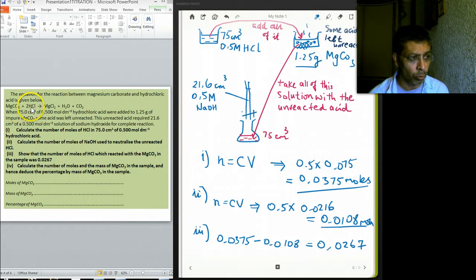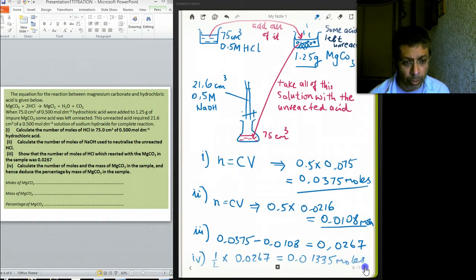It's 1 to 2, so the moles of magnesium carbonate is equal to a half times 0.0267, and that is 0.01335 moles.